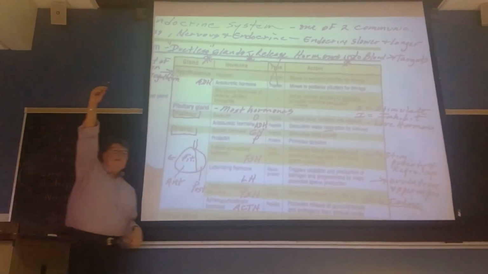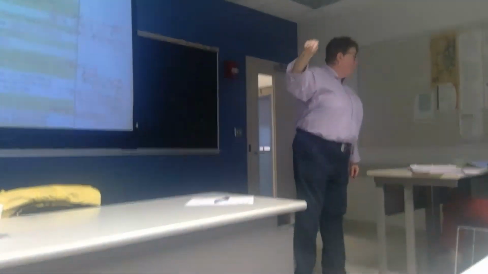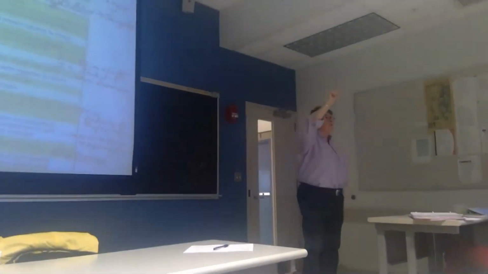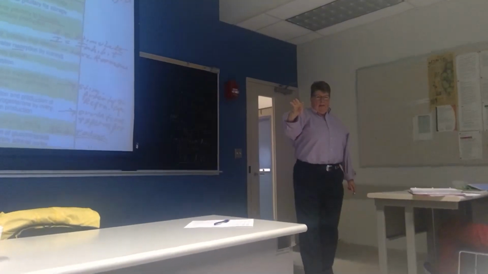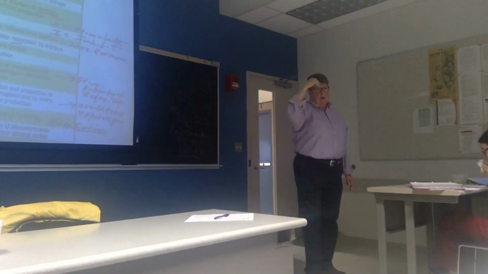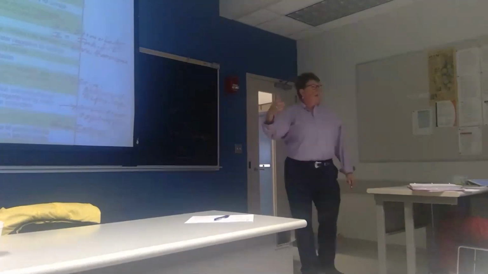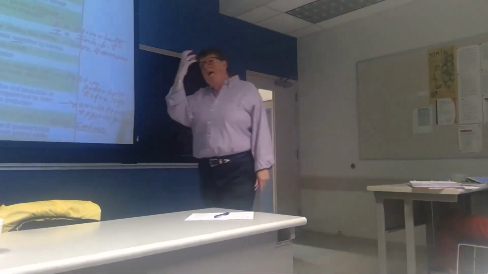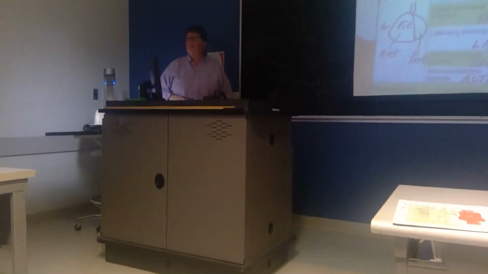Okay, big picture, there are 2 communication systems in the body. Talking about organ systems, 2 communication systems. One is the nervous system, which stimulates things, like me telling my brain that I want to move my arm. The nervous system's doing that. But I also have these glands that secrete hormones, and this is also a communication system.